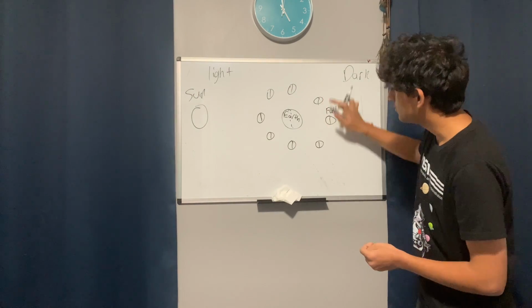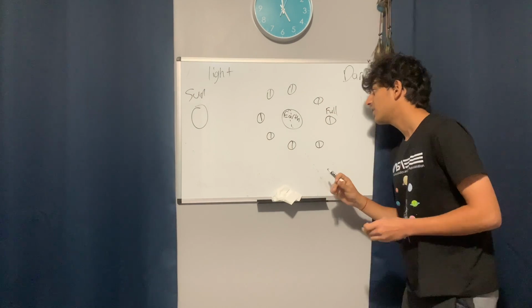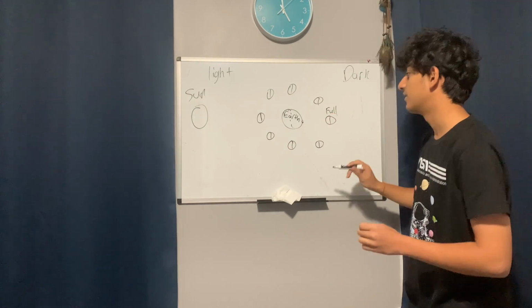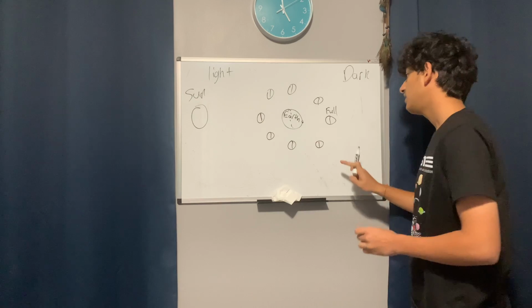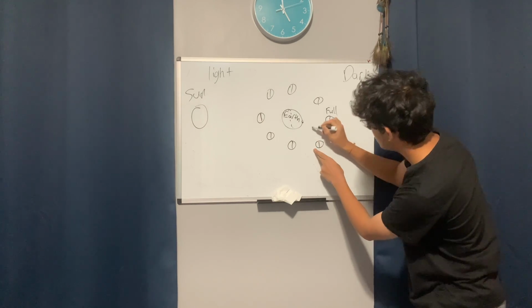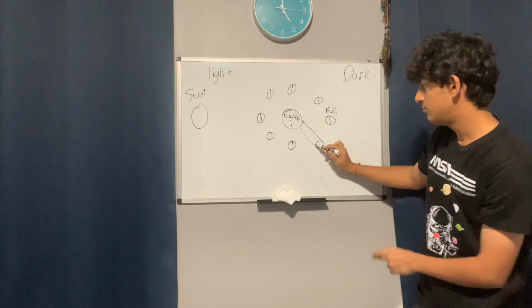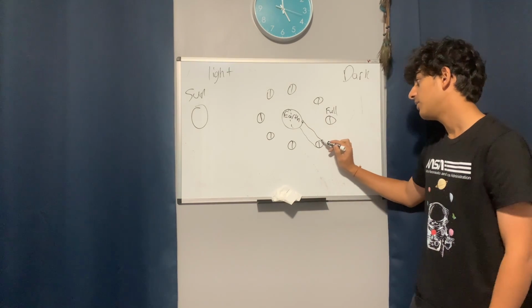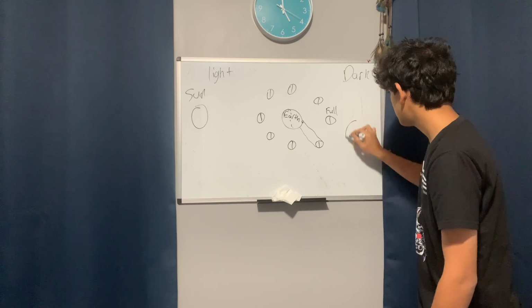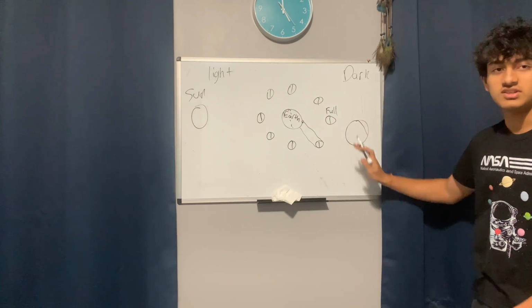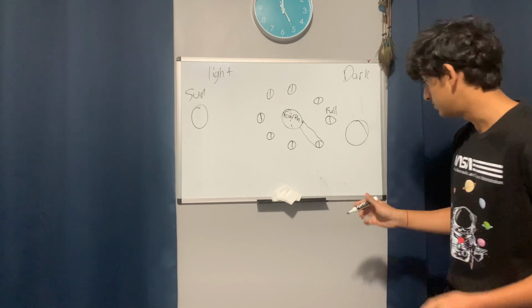Now how about these two moons? The Earth as an observer right here, you're looking at this moon and you see mostly light, but you'll see a little bit of darkness. So it'll look something like this. This, as we probably know, is a gibbous moon.